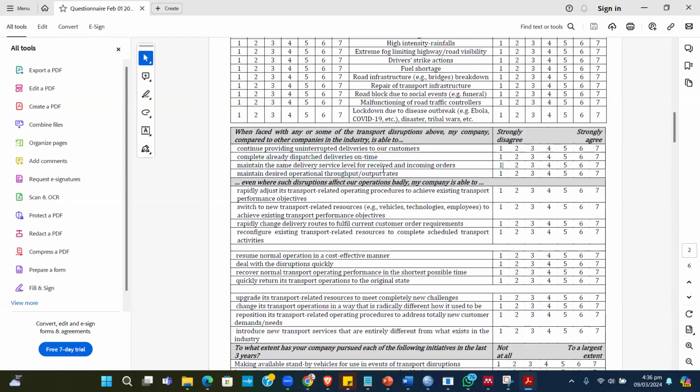Now, if this set of measures is measuring a construct different from the next set of measures, then of course the average scores here should differ from the average scores on the next construct because they are different things.